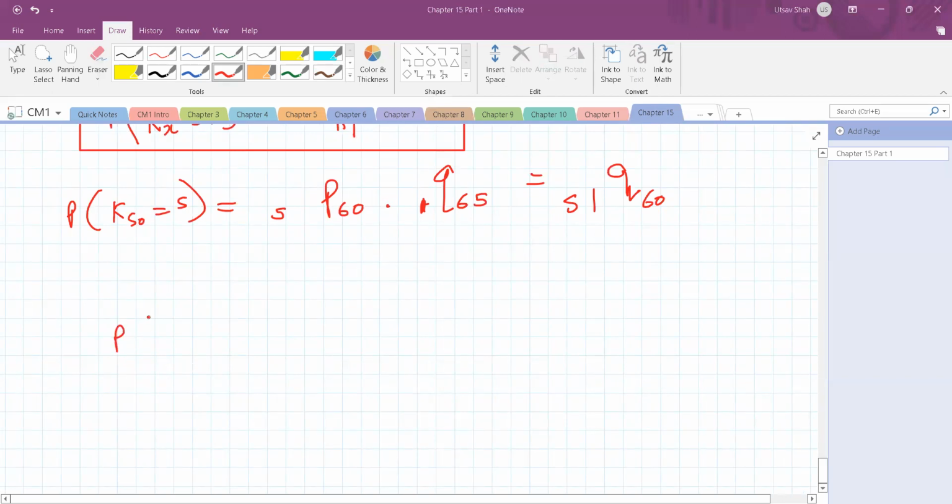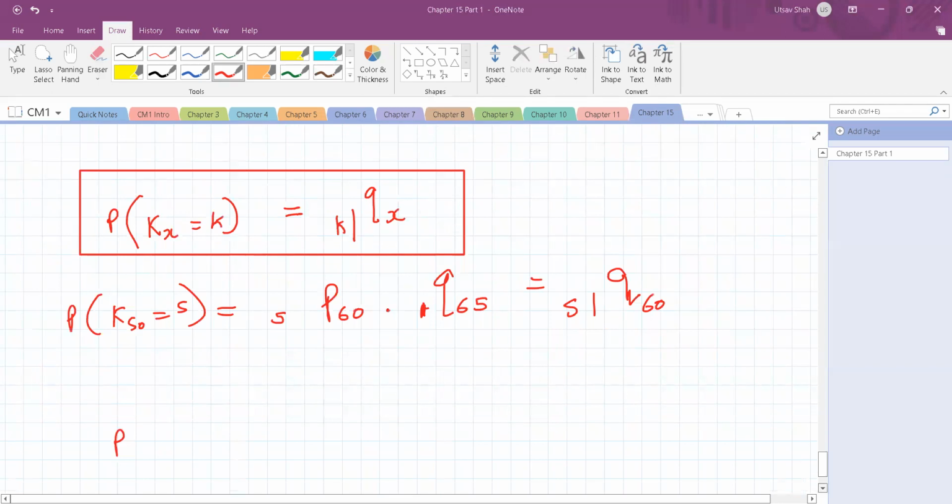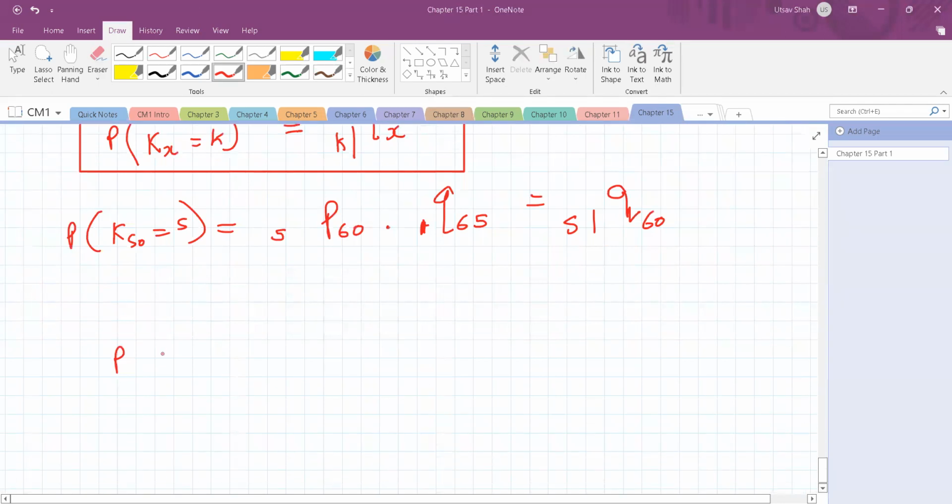Now, what is the second probability? Since Kx was a discrete random variable, we can take an equal-to probability here. But Tx is a continuous random variable, and in a continuous random variable, the probability at one point is equal to 0, if you remember your basics. So what we do is P of Tx less than or equal to n. What does this mean? That is P of T50 less than or equal to, let's say, 5.5.